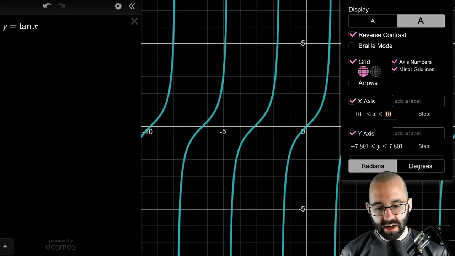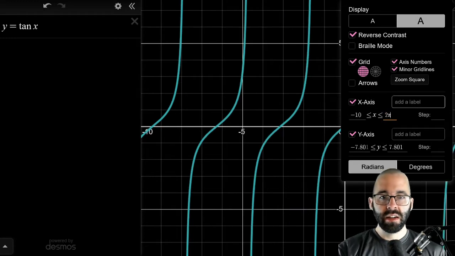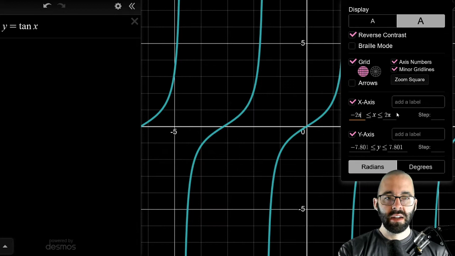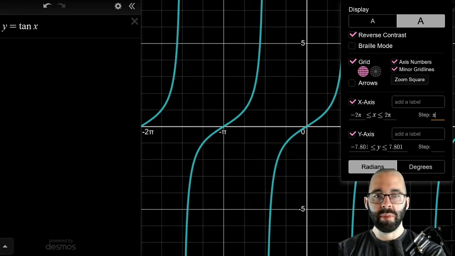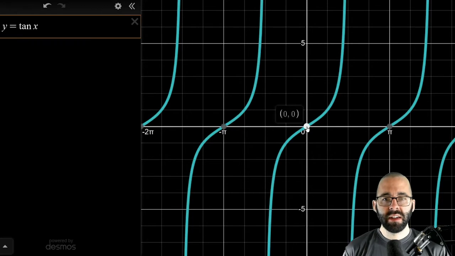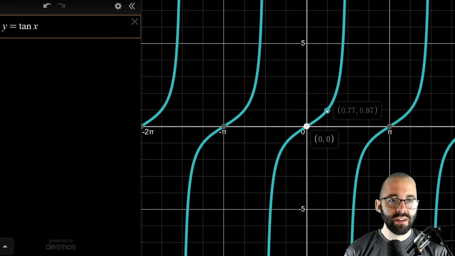Let's look up to 2 pi, down to negative 2 pi, and divide this into pi over 4s. Now look what's happening. It starts at 0, just like we said. At pi over 4, it's 1. That's 45 degrees. The tangent of 45 degrees is 1, pi over 4.